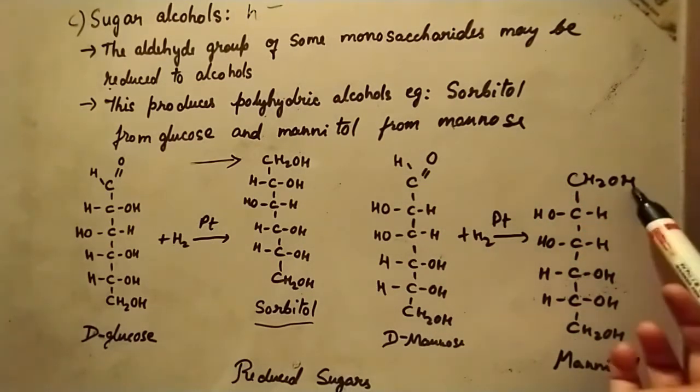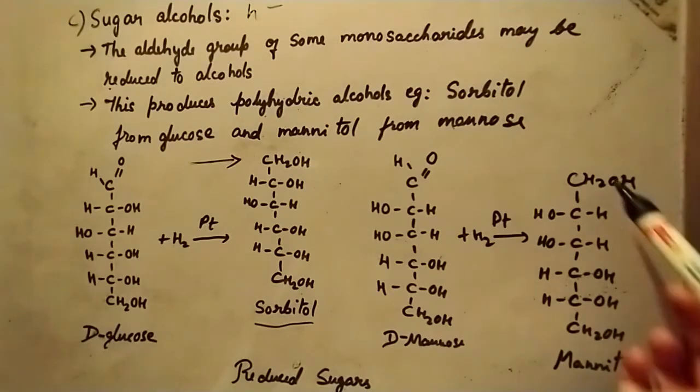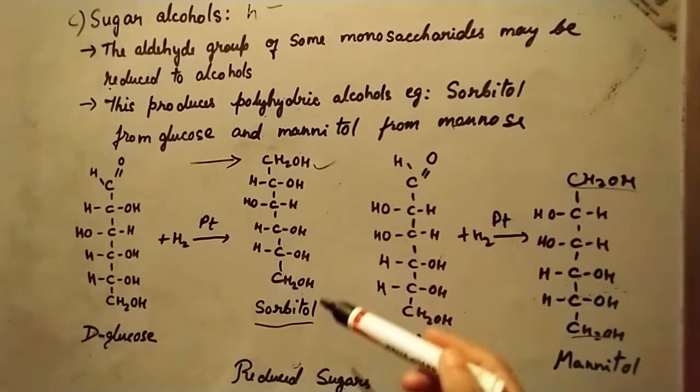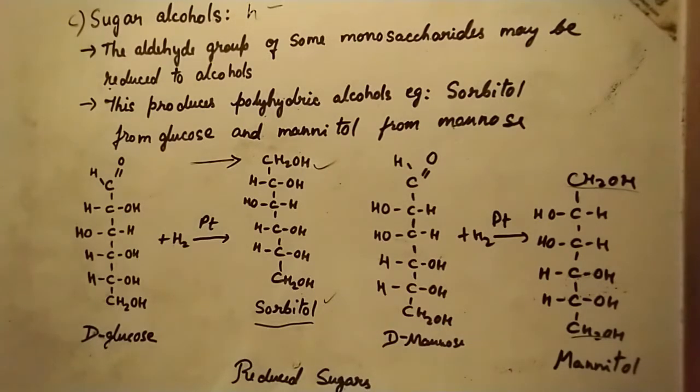So you can see now that both ends of the chain are similar. We get an alcohol group at both ends of the chain, same as in the case of sorbitol. So these are known as the sugar alcohols.